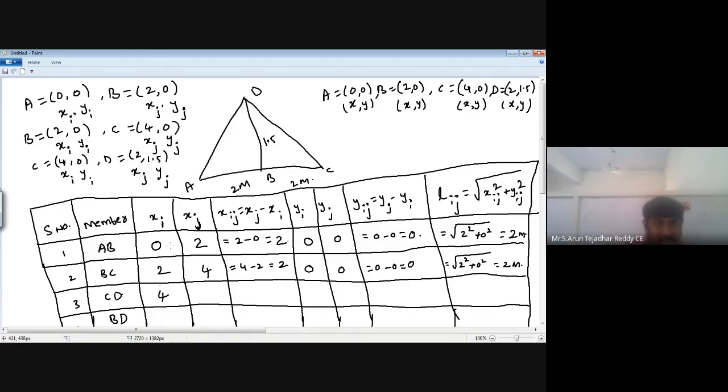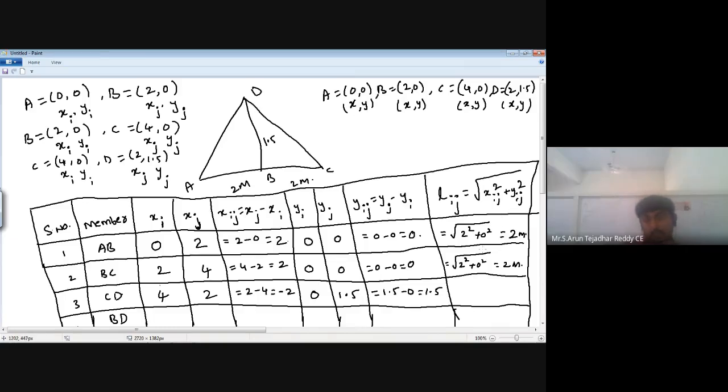Xj is 2 meter. Formula is xj minus xi. Xj is 2 meter, xi is 4. It means minus 2. Next, yi is 0, yj is 1.5. Substitute in this formula yj minus yi. 1.5 minus 0, then it is 1.5 meter.